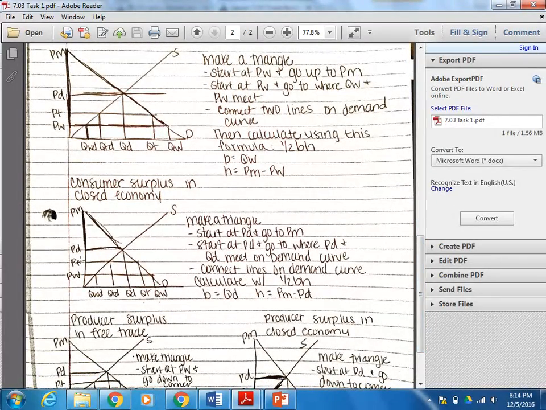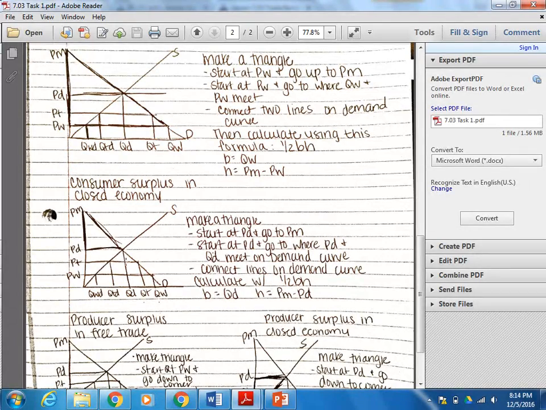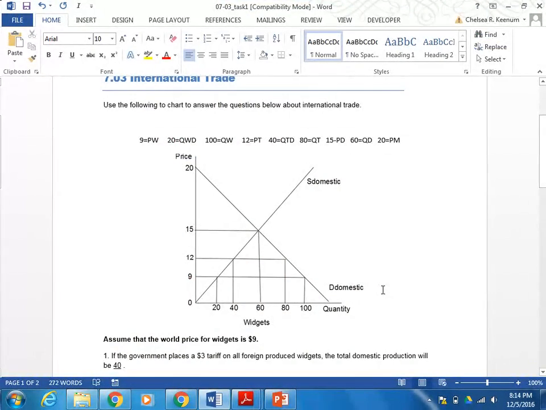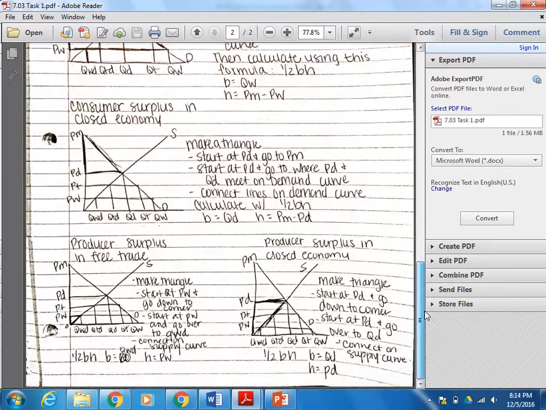You would subtract PW from PT and then multiply by QTD. They look like this. So like in this instance, PT minus PW, 12 minus 3, QTD is 40, 3 times 40.